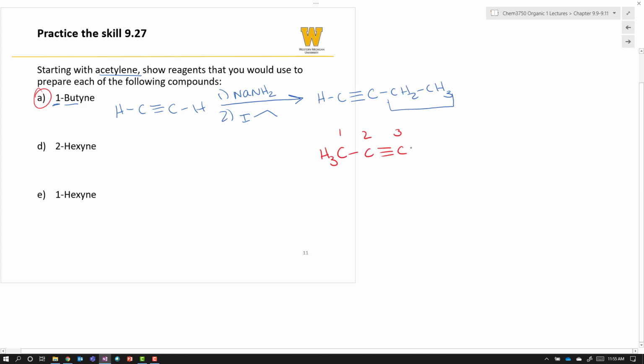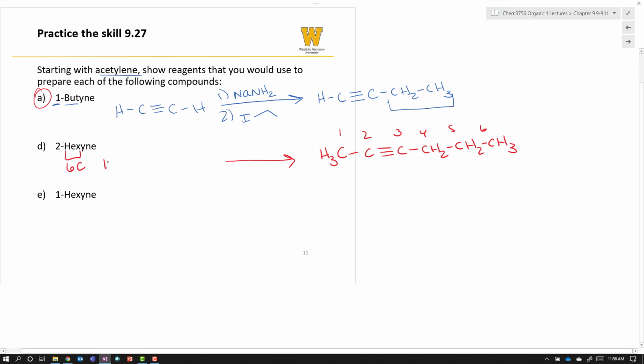We've got carbon 3. And then hex means we have 6 carbons total. So we have 3 so far. We need 3 more: 4, 5, 6. So make sure you always go through and check that you have everything added on, or that you have the right molecule.